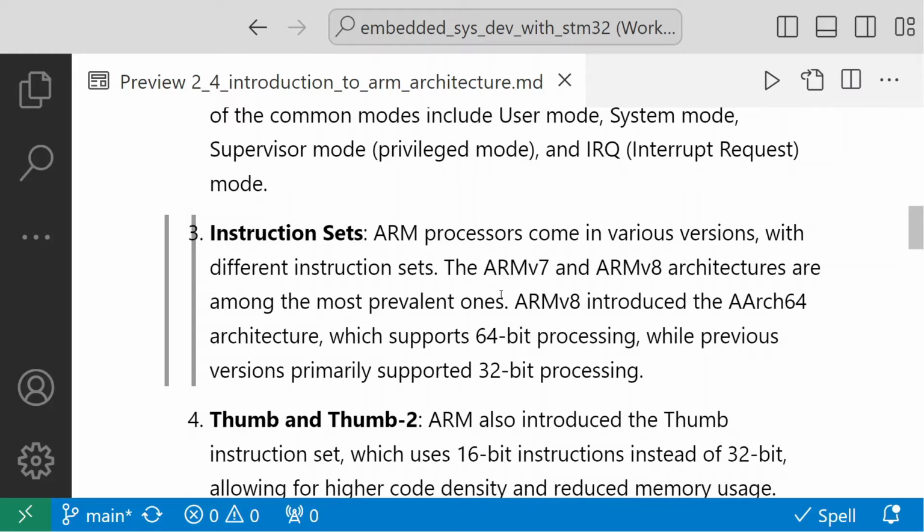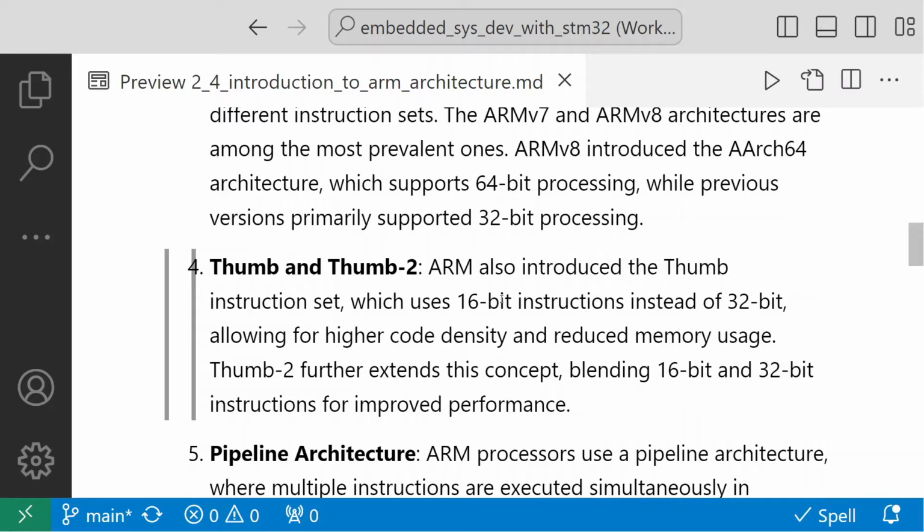The instruction set. ARM processors come in various versions with different instruction sets. The ARMv7 and ARMv8 architectures are among the most prevalent ones. ARMv8 introduced the AArch64 architecture, which supports 64-bit processing, while the previous versions, that's ARMv7, primarily supported 32-bit processing.